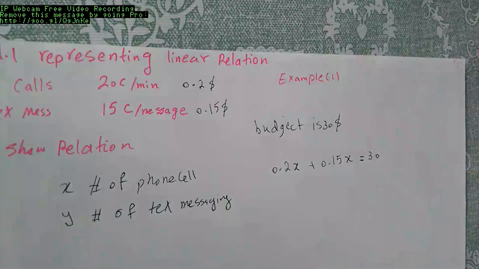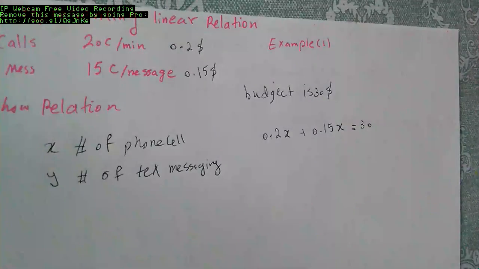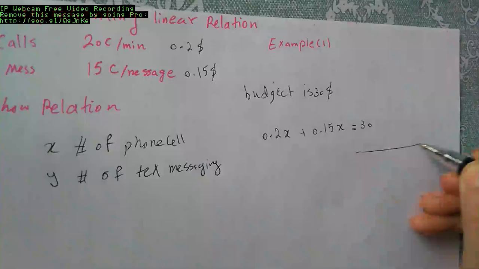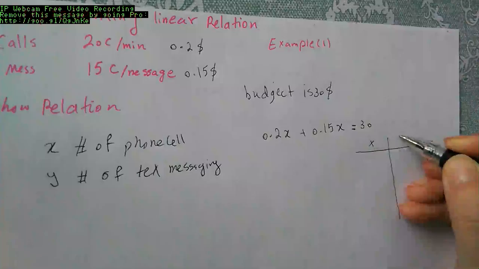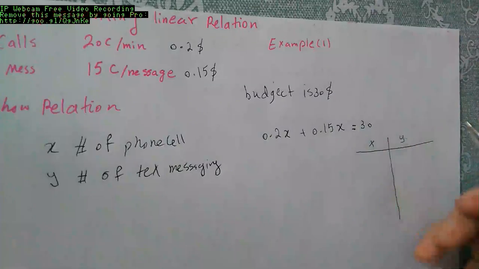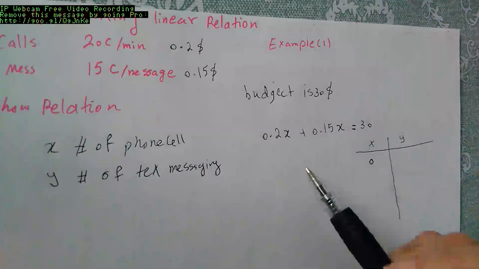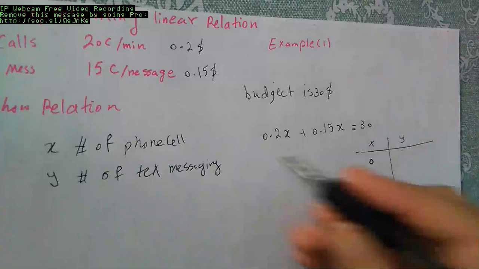Okay. Now, how do we graph this? I want to make a table, with the x here and the y here. Let's say for x equals 0, you're not making any call. You just want to see how many text messages you can send.